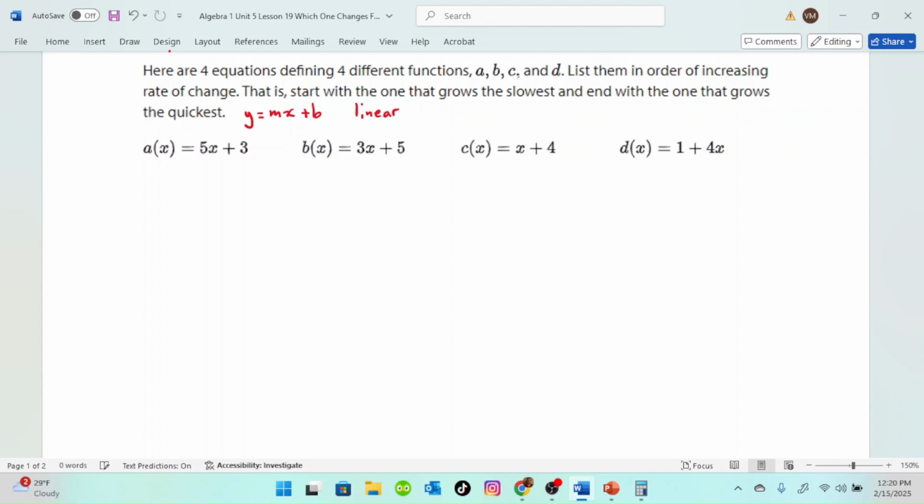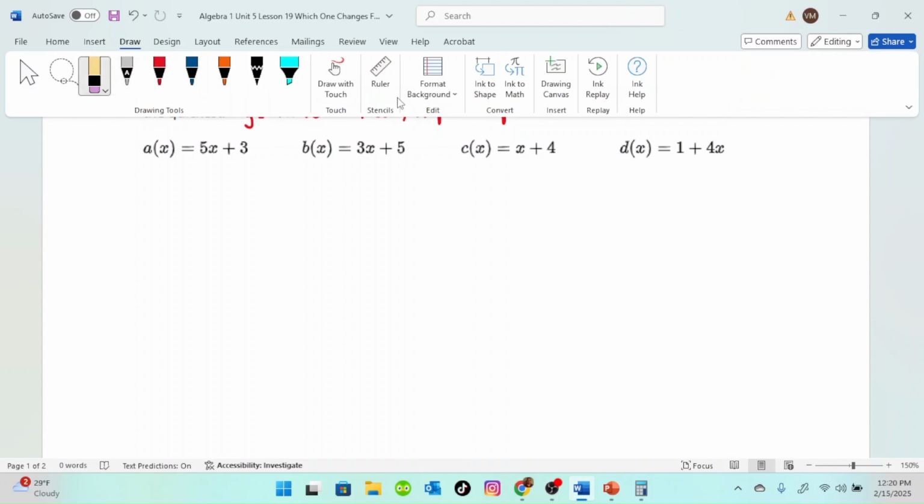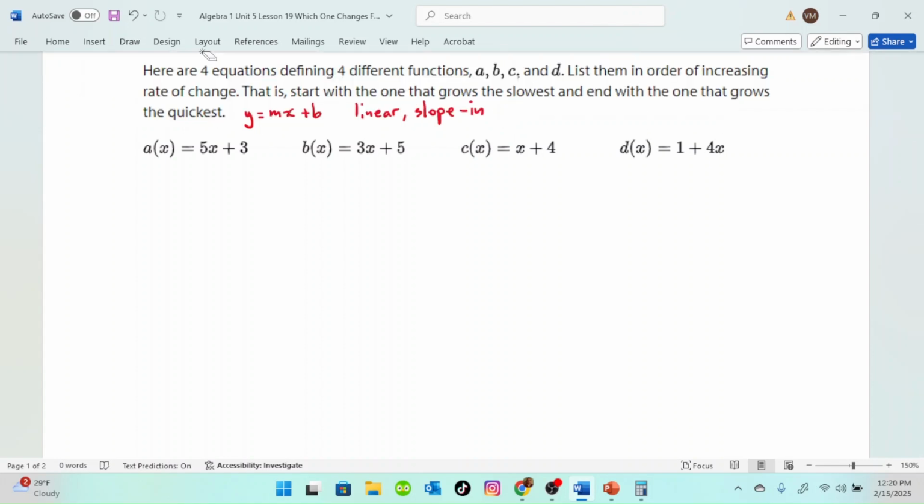This is linear slope-intercept. So, if this is linear and this is slope-intercept format, then the m, the number that is with the x, is our slope. That is our rate of change.